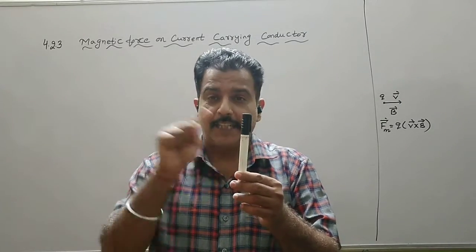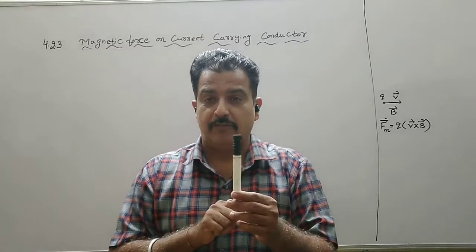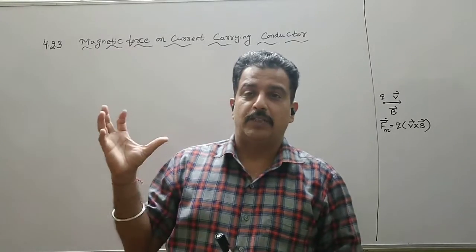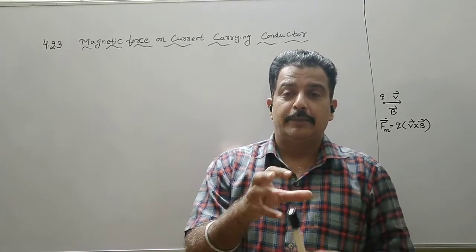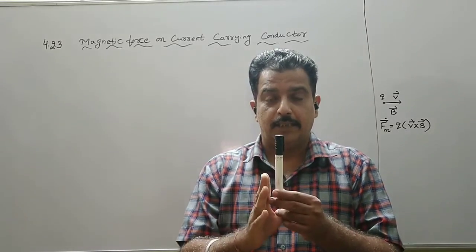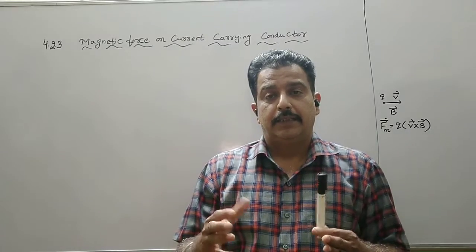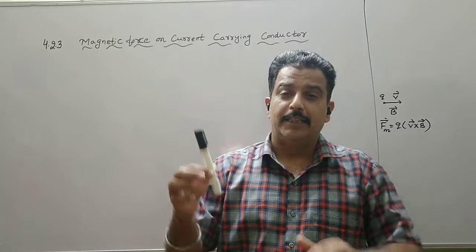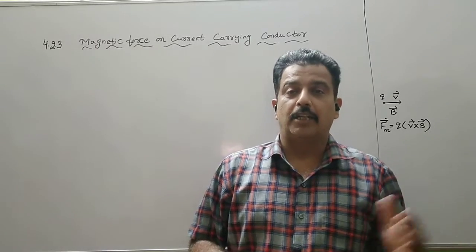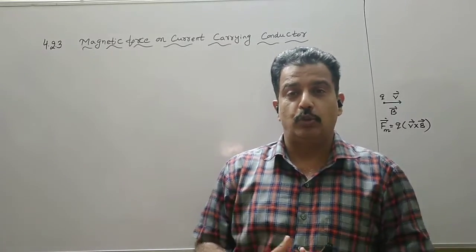So the current carrying conductor also produces a magnetic field, but in this expression the magnetic field is not the field produced by the wire; here a current carrying wire or conductor is placed in an external magnetic field which is given to us.